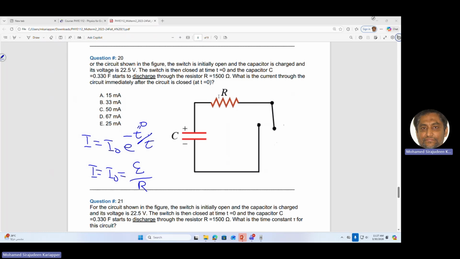At the beginning, the capacitor will be fully charged, delta V0. I prefer not to write E, because there's no battery. I shouldn't be writing it. It will be delta V0. There's no E to talk about.